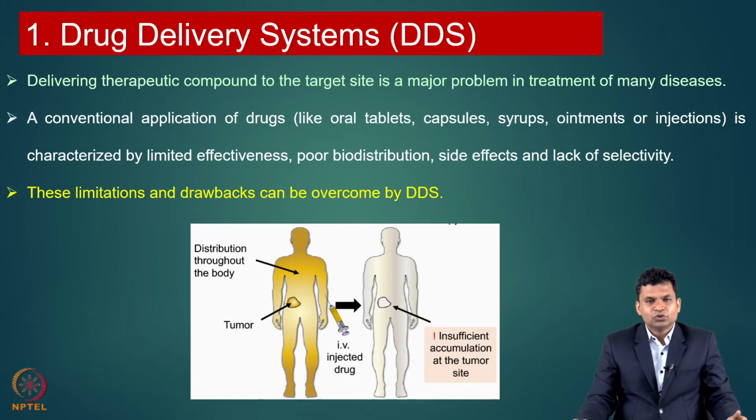As per the BCS classification, the Biopharmaceutical Classification System, drugs can be classified into 4 categories. We know that class 2 and class 4 drugs suffer from low solubility.